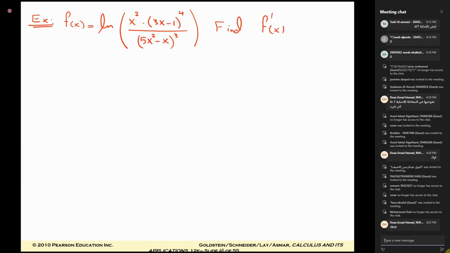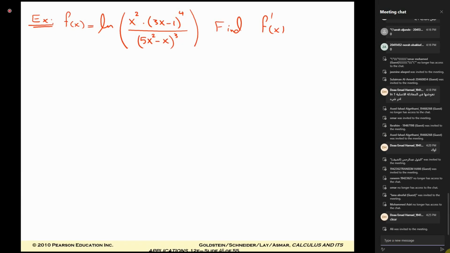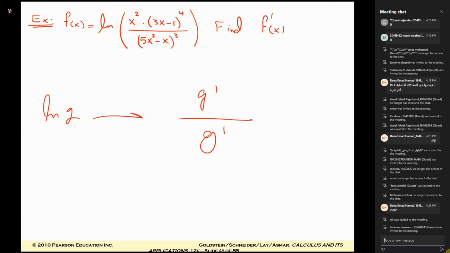It's difficult to find the first derivative of this function, because what's the derivative of ln? If we have ln of g, the derivative of ln g is g prime over g. So how can we find g prime?